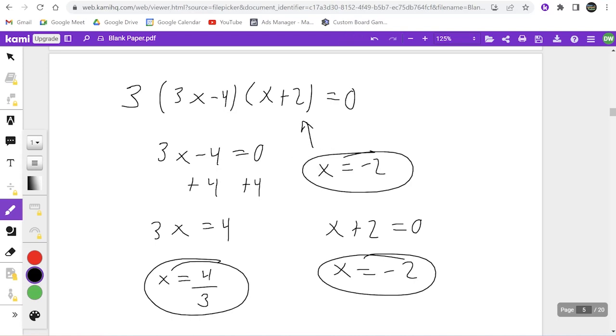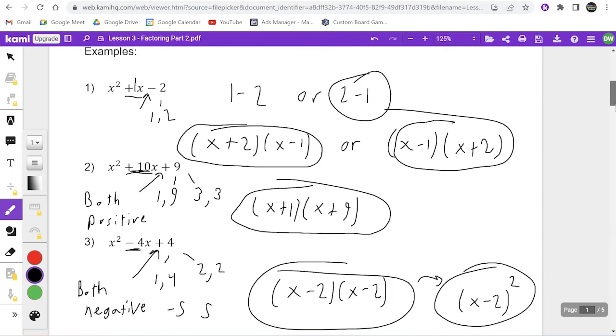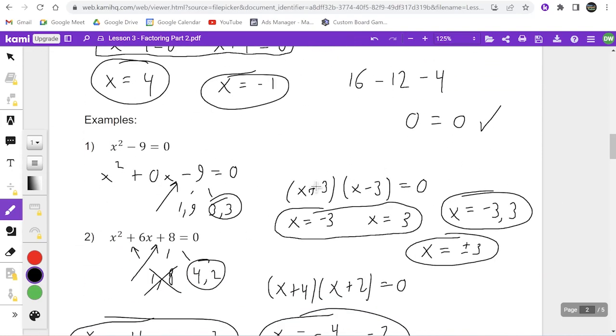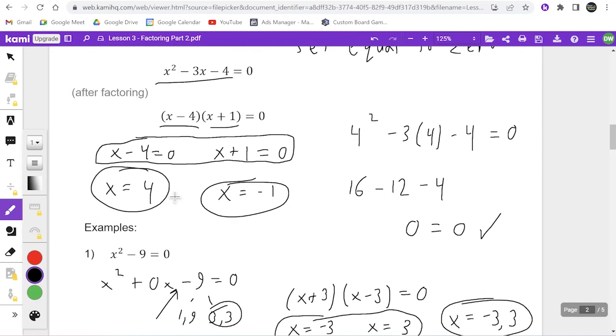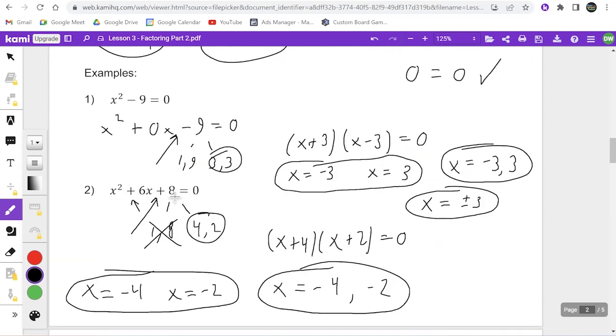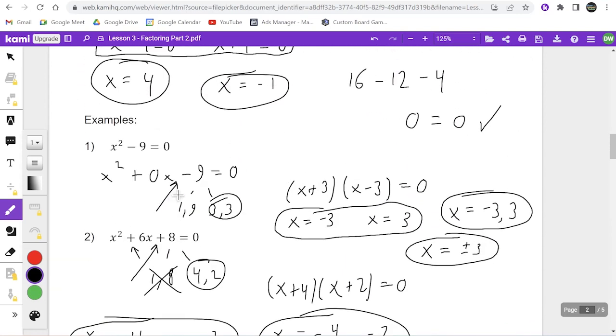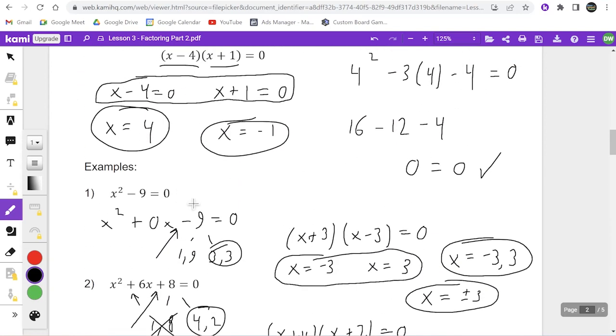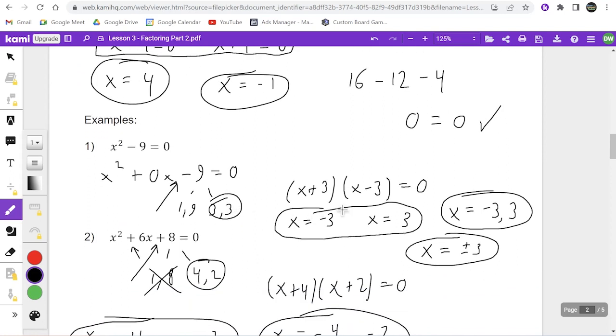What's the opposite rule? Let's go back to the very beginning of the lesson. All these problems, this is page 2 from the packet. Basically, this is easy factoring on this page. In other words, it was just x squared.